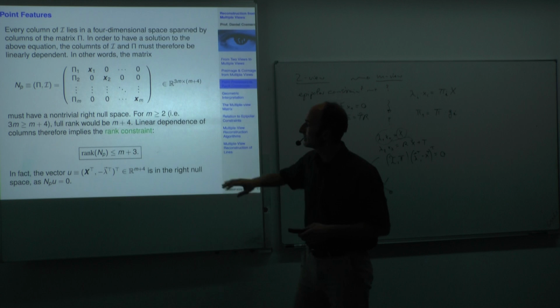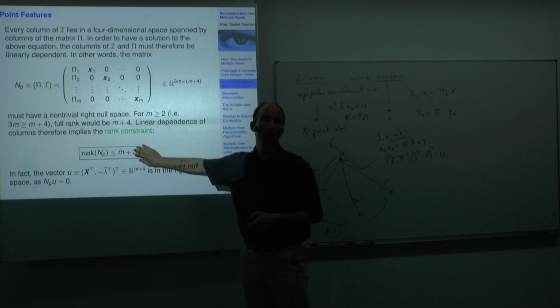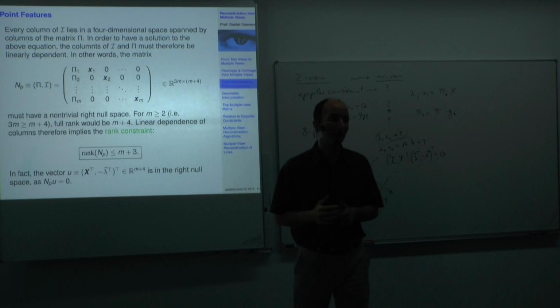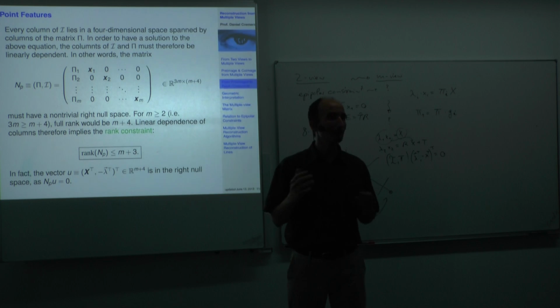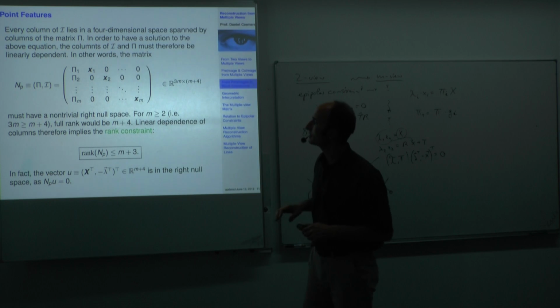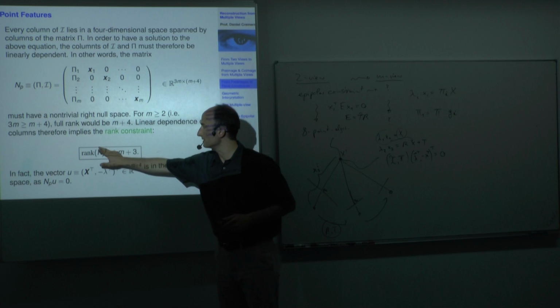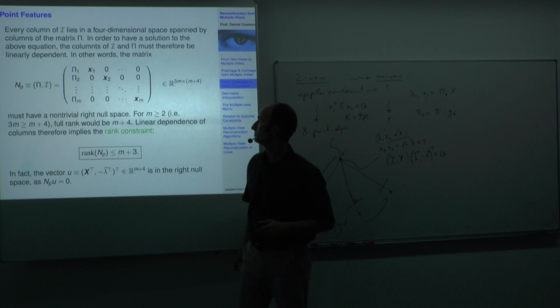And so this is, in some sense, an analogon to the epipolar constraint for the multiview setting. And I must admit, it looks a little more abstract, especially if you're not so familiar with matrices and with rank constraints and conditions on the rank of matrices. But all it says is that the rank should be smaller than m plus 3.